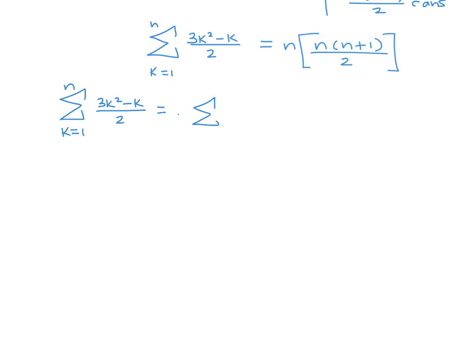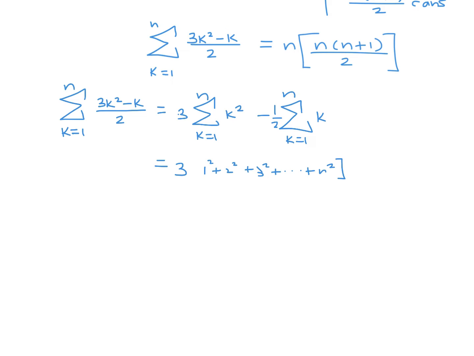Okay, so let's break this up. So this is going to be 3 times the sum of k squared, k going from 1 to n, minus, I guess the 1/2 goes up front, the sum of k going from 1 to n. So this is going to be essentially the sum 1 squared plus 2 squared plus 3 squared plus dot dot dot all the way up till n squared.